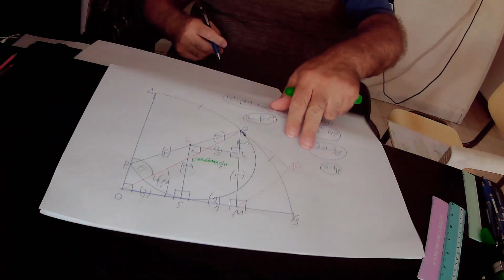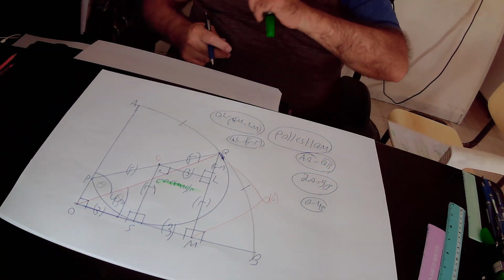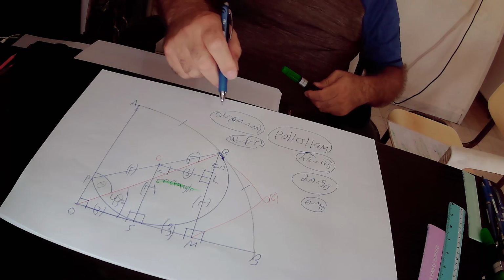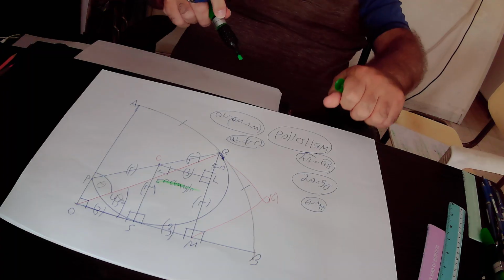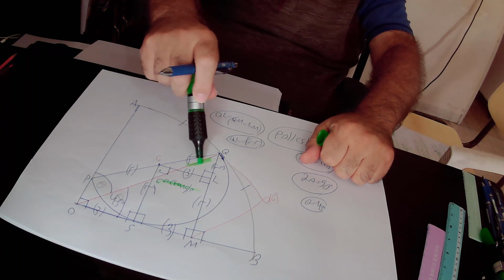In the next step, I'll copy this small right triangle CQM onto a new page, and we'll implement the Pythagoras theorem on this small right green triangle CQM.